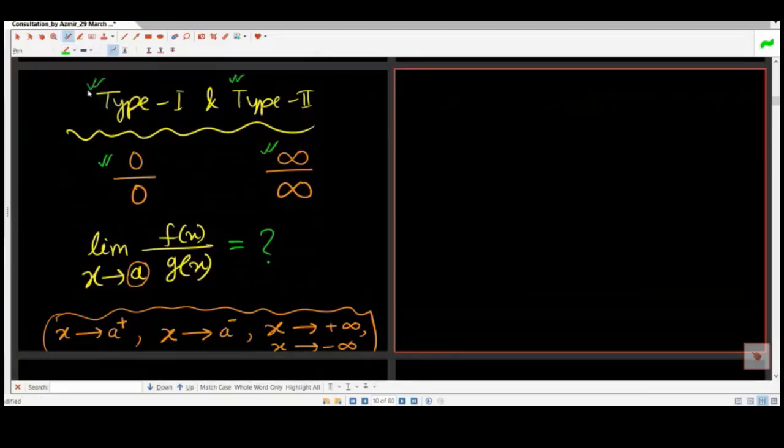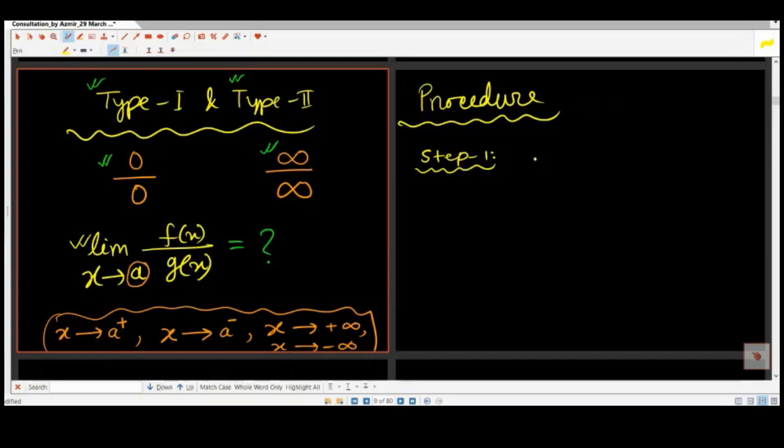So let's have a look at the procedure for how we can solve this limit. At first, in step 1, we have to check whether this limit is of 0 over 0, infinity over infinity, or not.